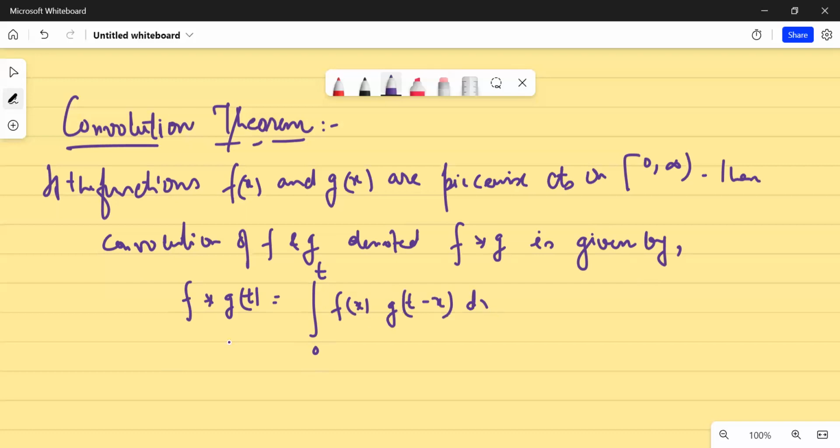Remember this. This is called convolution. First thing, convolution of a function is defined by this integral. Is that clear? This is the definition.